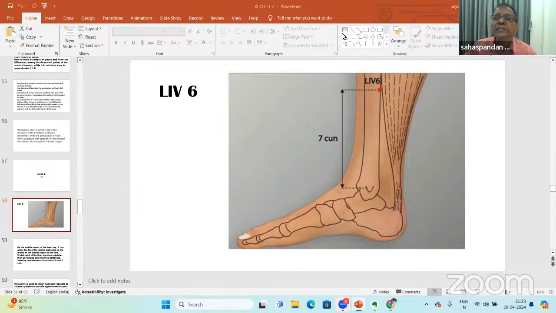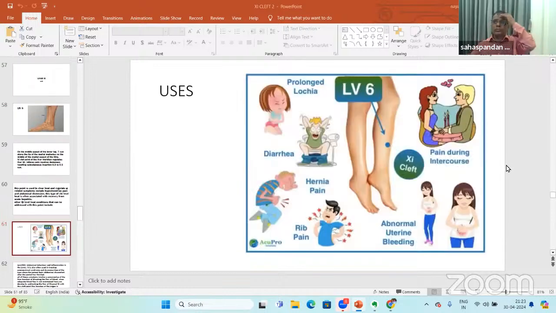So, what are the uses? Uses of liver 6: prolonged lochia, diarrhea, hernia pain, rib pain, abnormal uterine bleeding, and pain during intercourse.